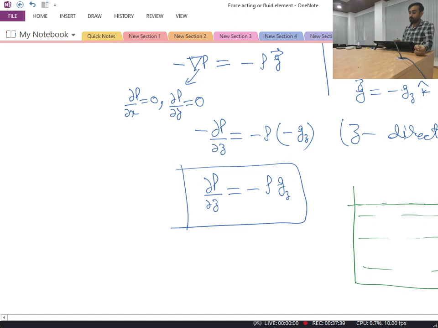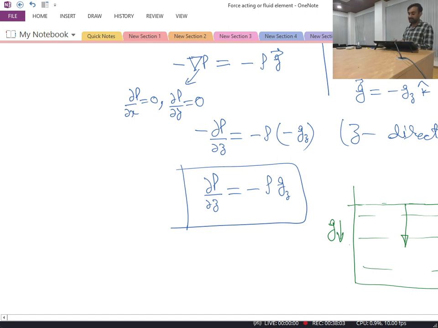So our gradient of P vector must be normal to this. Normal to this is the downward direction, and this is also the direction of gravity. If I remove gravity from here, then del P by del z will also become 0. So gravity force is acting in the downward direction.